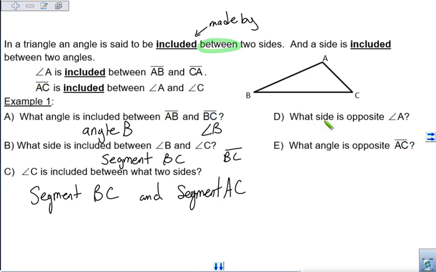Then we're looking at what side is opposite angle A. So we're looking at angle A, and opposite means across from. In other words, not touching. So we want the side that's not touching angle A, which is segment BC.